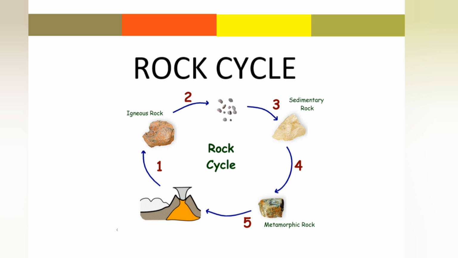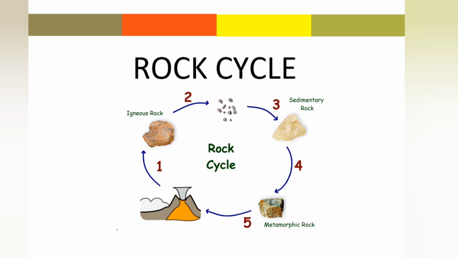When these sediments come together and compress together, they form the sedimentary rocks, taking into consideration all the fossil plants and animals and the debris around. Then over a period of time, these sedimentary rocks undergo certain chemical changes because of the pressure and because of the heat of the sun.